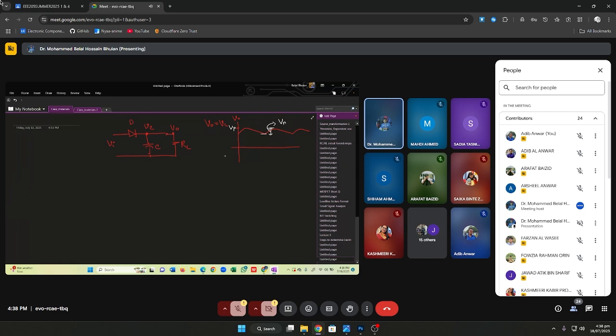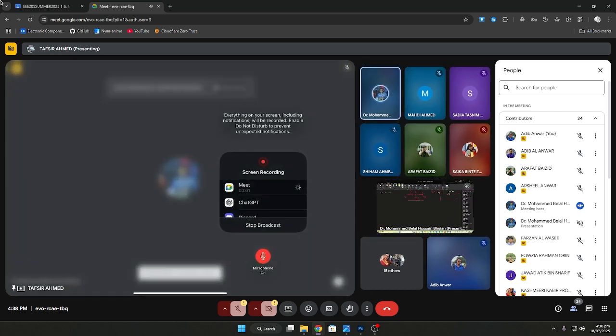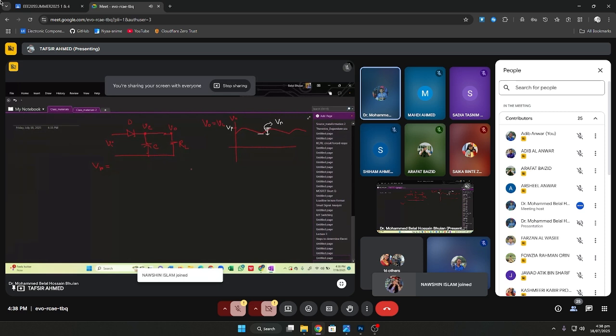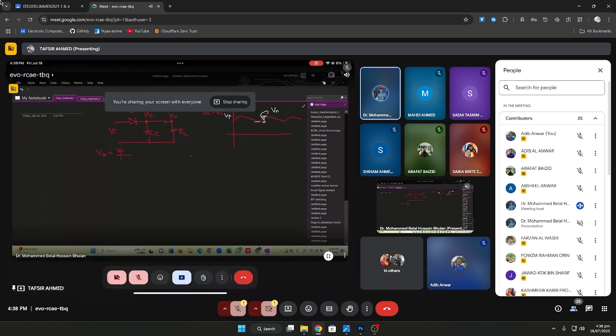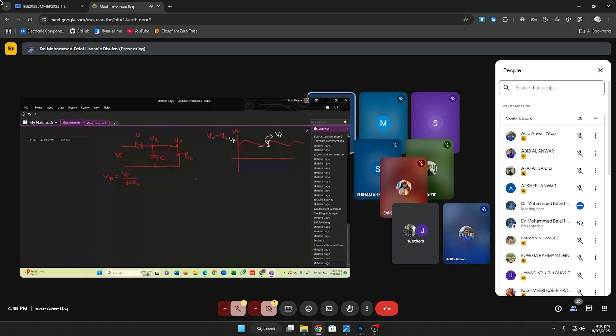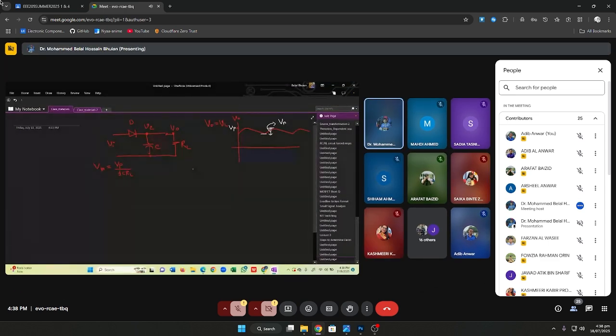So we said the expression for the ripple voltage VR equals VP divided by FCRL for a half wave rectifier. F is the frequency, C is the capacitor connected parallel to the load resistor RL.